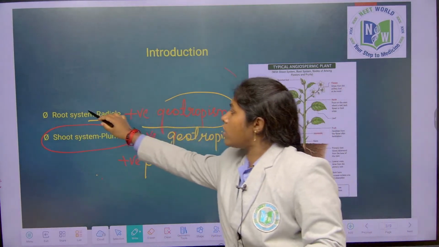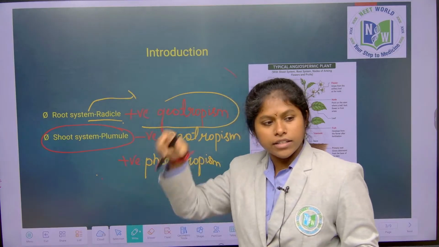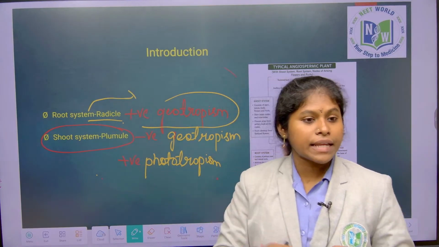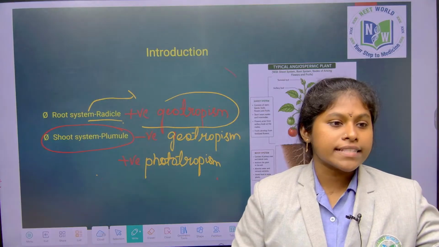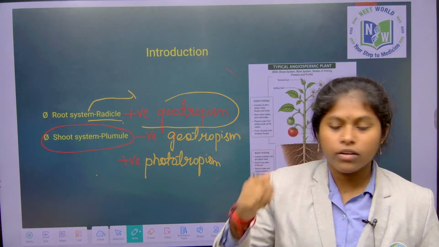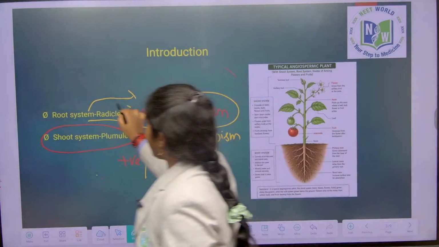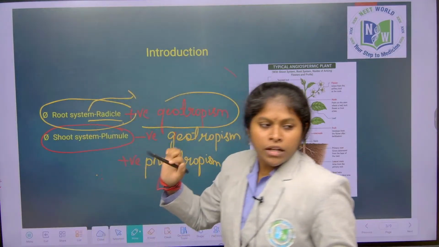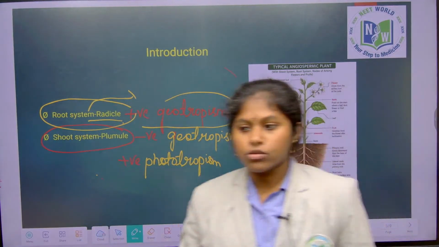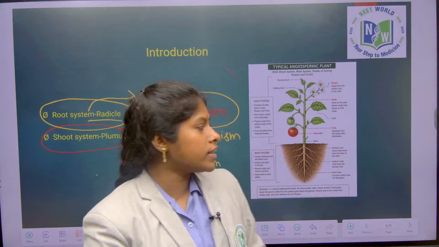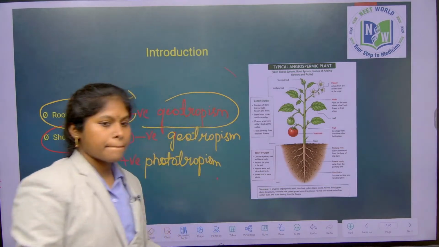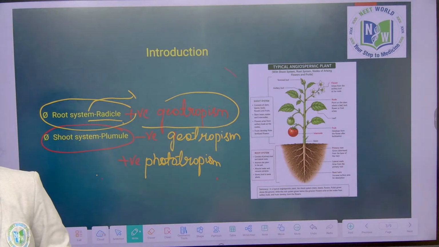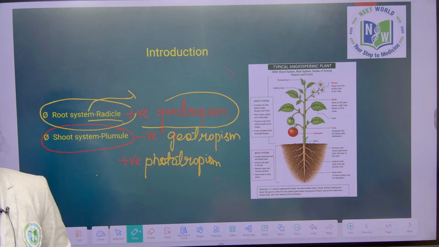The root is always underground, right? It shows descending growth, and the stem always shows ascending growth aerially. Okay, so first we will learn about the root. What are the types of roots? Tap root, fibrous roots, adventitious roots.